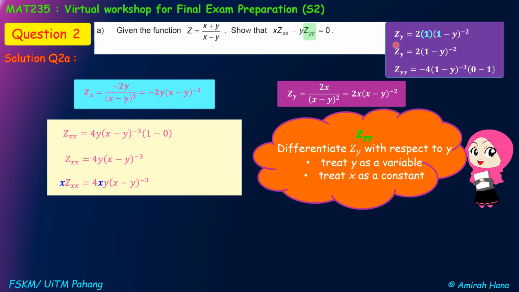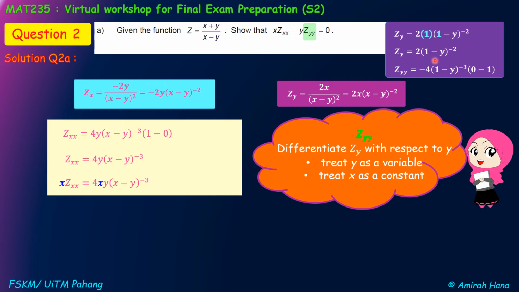So we have zy equals 2 times constant 1, and then times in bracket constant 1 minus y, and then close bracket to the power of negative 2. After we simplify, we have zy equals 2 times bracket 1 minus y to the power of negative 2.